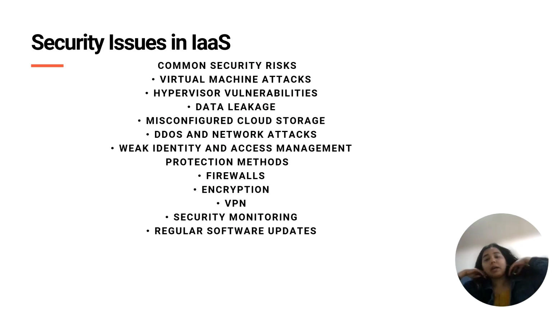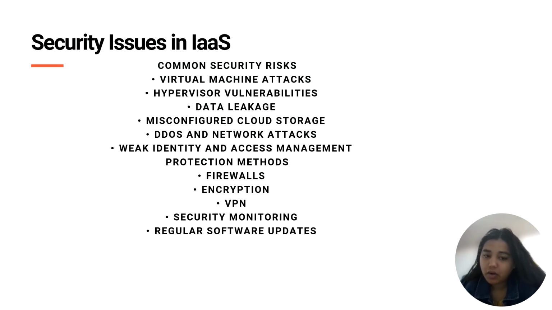Then I'll talk about the security issues in IaaS. In the IaaS model, consumers are responsible for securing their own operating system, application, and data. Some common security risks include virtual machine attacks, where attackers target virtual servers. Another risk is hypervisor vulnerabilities, which may affect multiple virtual machines.